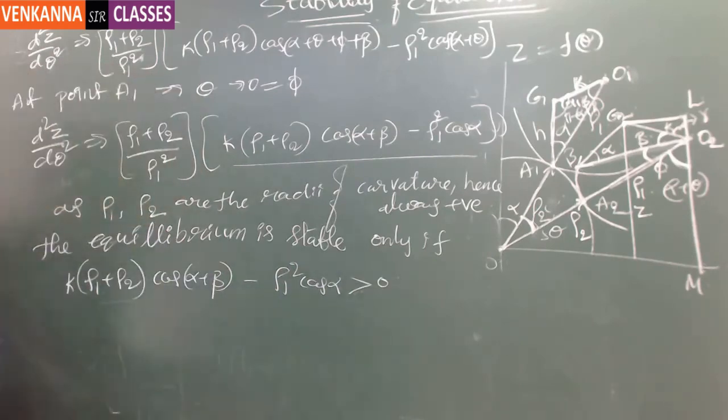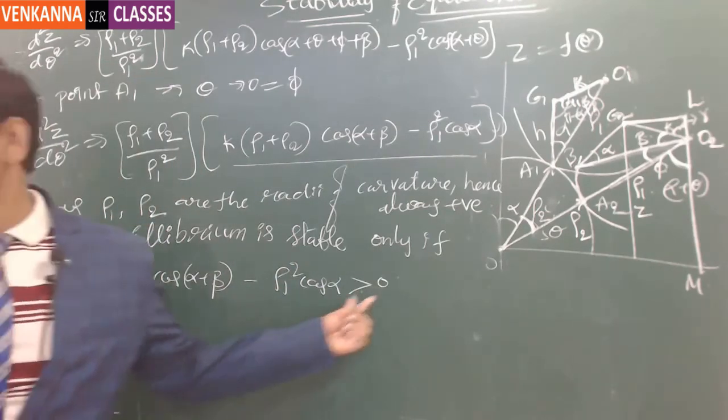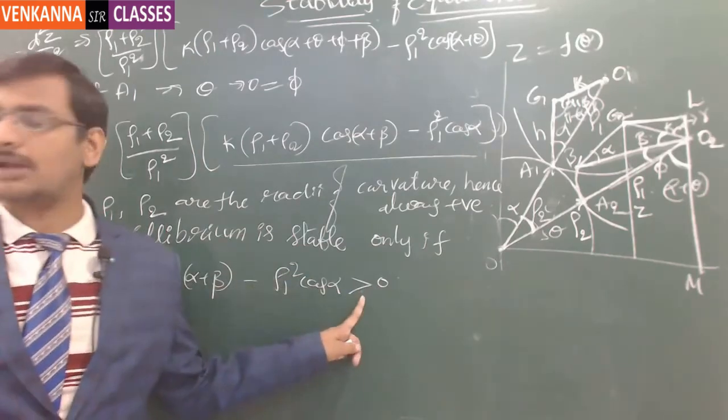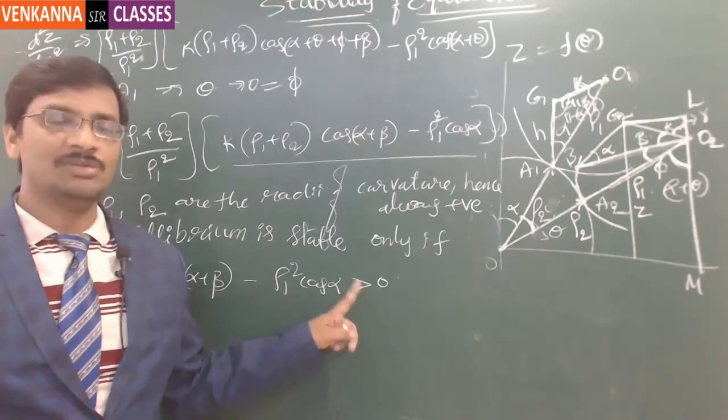So this is the only condition for the stable equilibrium. If it is less than 0, it is unstable equilibrium. So this less than or greater than will decide whether the equilibrium is stable or not.